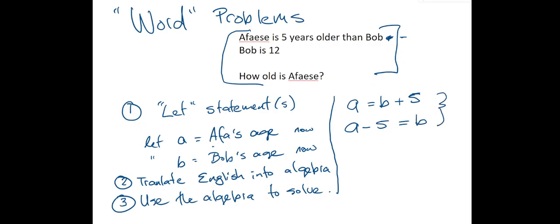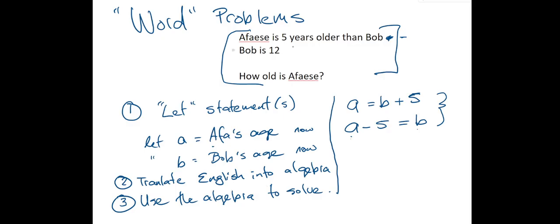These are equivalent statements. Okay, so run in your head, the top one here, Arthur's age now is the same as Bob in 5 years. And this one, the bottom one here, if we took Arthur's age and we took 5 years away from that, that would be Bob's age now.